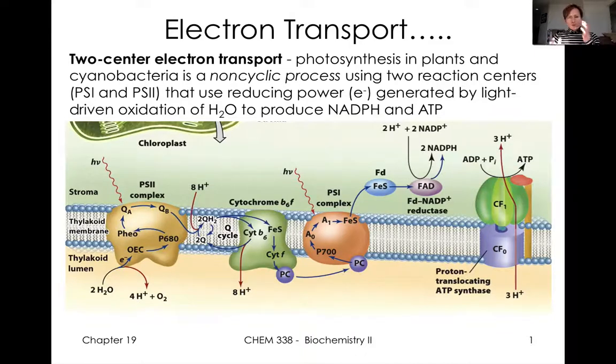And so, kind of like we saw with the pentose phosphate pathway, depending on what the cell needs, you could either siphon things to go towards ribose synthesis, or you could have it go towards NADPH synthesis.